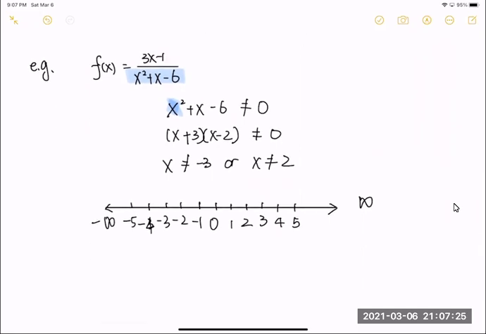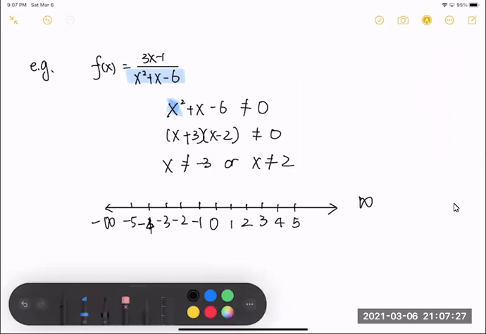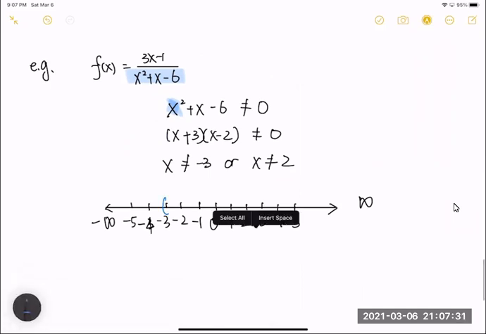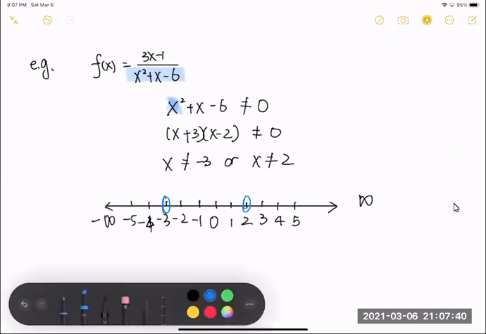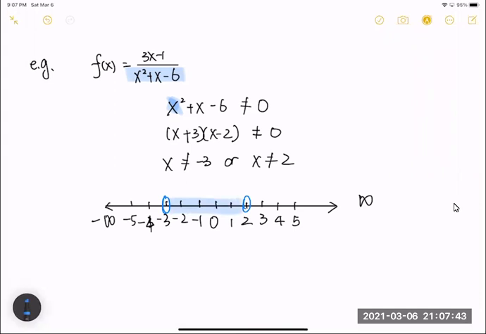Okay, so we know that there are 2 numbers that x cannot equal to, -3 and +2. Other than that, x is totally fine. That means you want x to be anything on my blue highlighted part. So how do we represent this part? Well, it has 3 parts, right? The first part, the second part, and the third part.